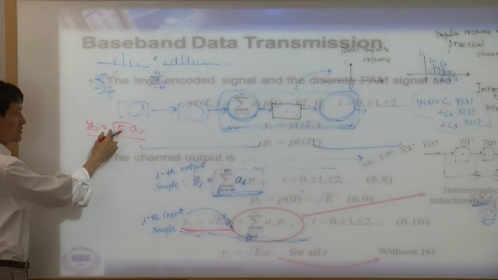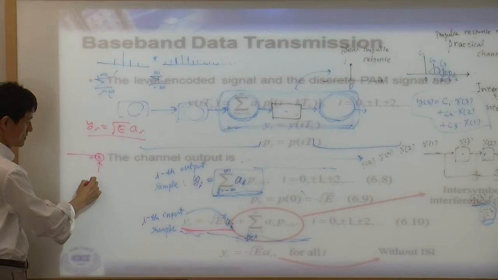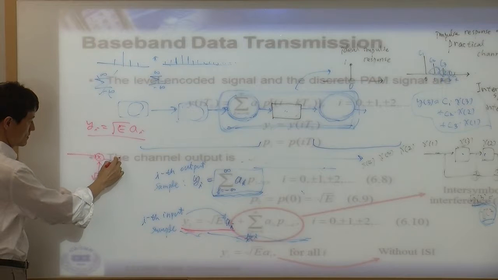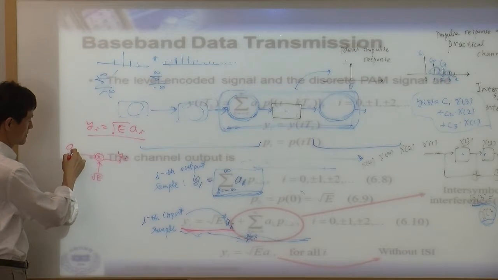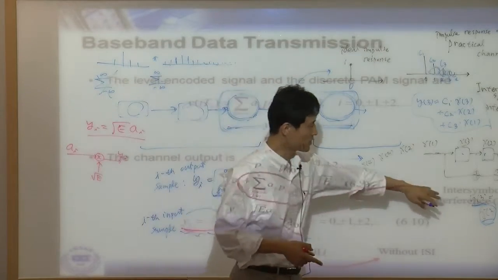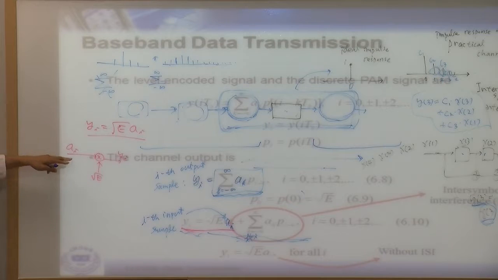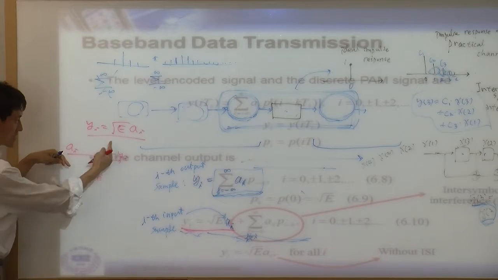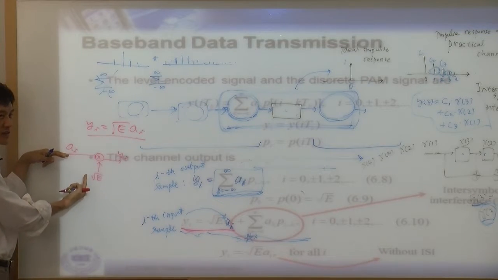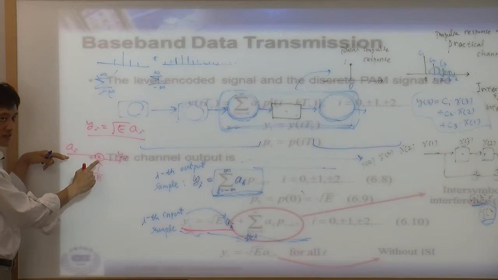So what's the relationship here? That relationship is simply like this, right? That's what I drew here in the previous picture. So we have input a_i comes in and simply multiply by some constant value, and then you're going to get output immediately.